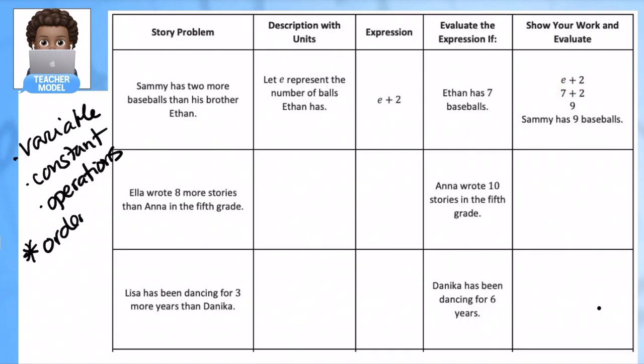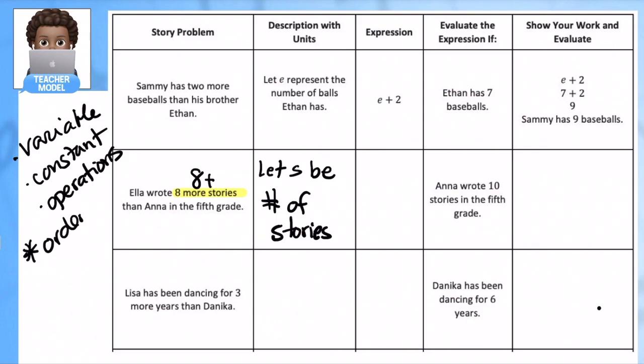So let's try the next one. Ella wrote 8 more stories than Anna in 5th grade. So what don't we know? We don't know the number of stories. So let S be the number of stories Anna has.